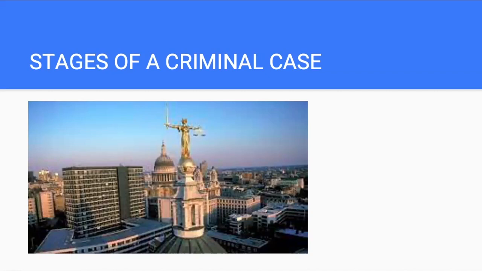This pretrial ruling is binding on the trial court, and so if evidence is ruled inadmissible in a pretrial ruling, that evidence is inadmissible at the trial, and the magistrates who tried the case will hear nothing about that evidence.